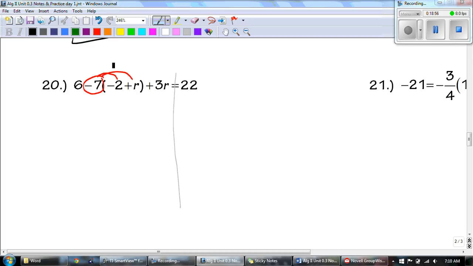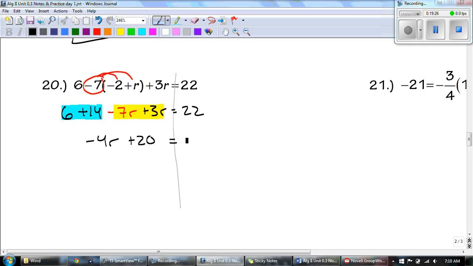Looking at this, we have to distribute first. -7 times -2 is a +14. -7 times r is -7r. Remember, we only distribute to what's inside the parentheses. Okay? And now we've got two sets of like terms. I'm going to put this in order, so I'm going to put the -4r up first.